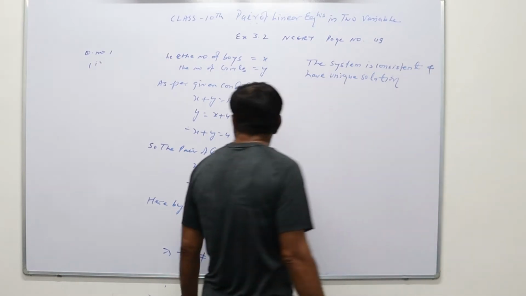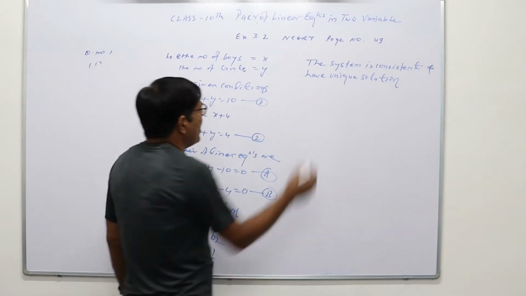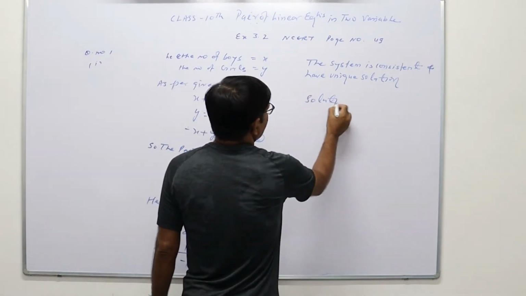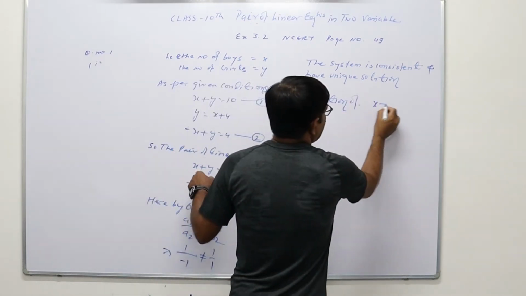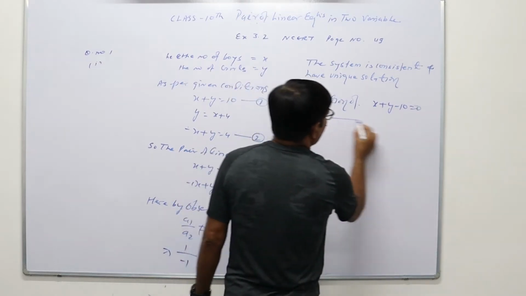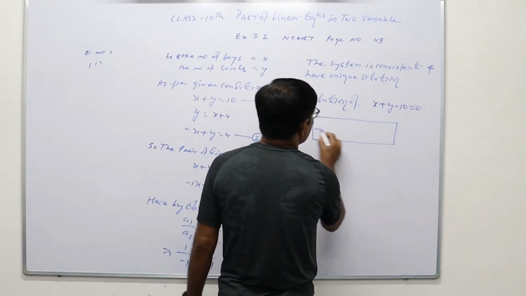Now we have to solve these equations graphically. So first, the solution of the first equation, x plus y minus 10 is equal to 0. So make a table and find the solution set for this equation.